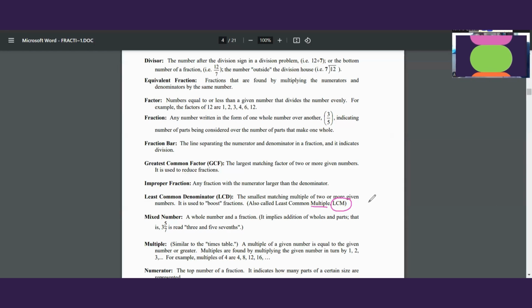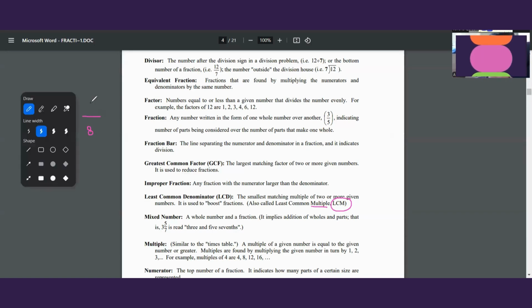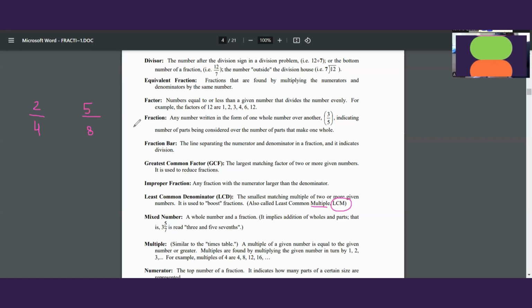In different cases, you have different least common multiples. For example, say if you have 2 over 4 and 5 over 8.